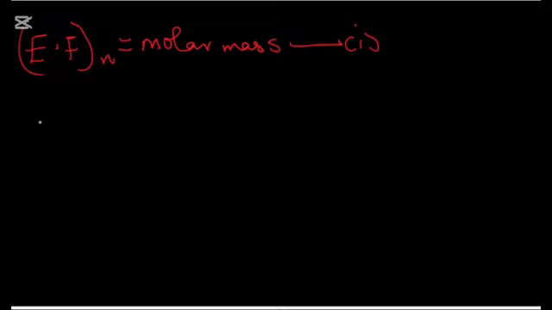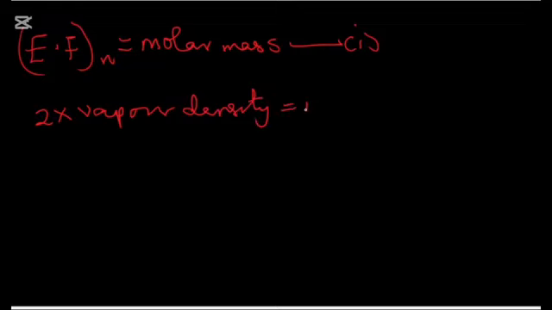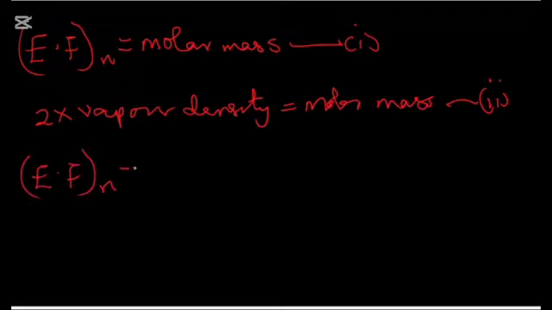Another one is 2 times vapor density equals molar mass. That's equation 2. And there is another one that says empirical formula multiplied by n gives us molecular formula.